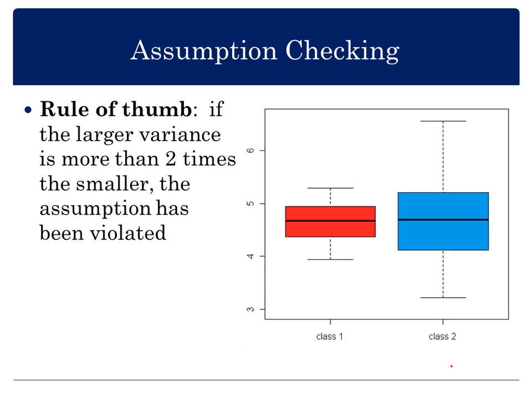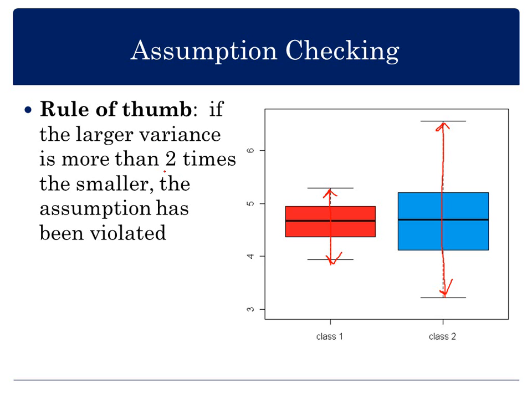This would be an issue, right? For class 1, the spread of the box plot is half or less than that of class 2. So a good rule of thumb whenever you're checking equal variances, actually calculate the summary statistics. Calculate the sample means and the sample standard deviations of both of your groups, and then look at the sample standard deviations and the sample variances.